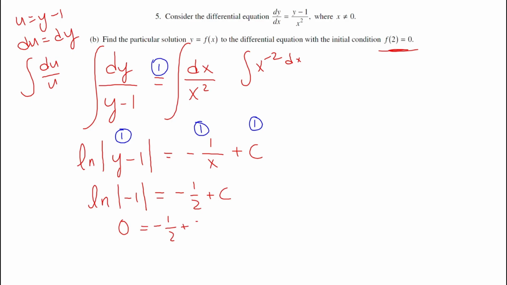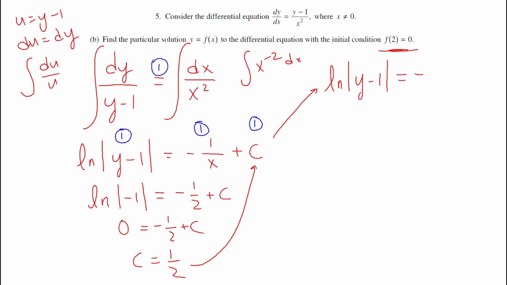And we get a constant of 1/2, which we'll plug in and rewrite the entire equation as the natural log of the absolute value of y minus 1 equals negative 1 over x plus 1/2. They're going to give you a 5th point there for using that initial condition to figure out what the new function should look like.